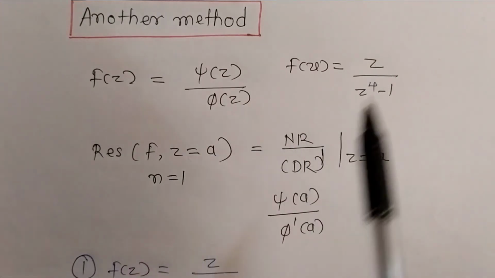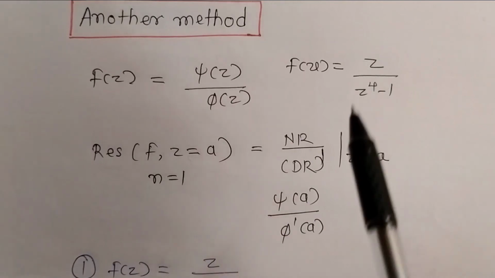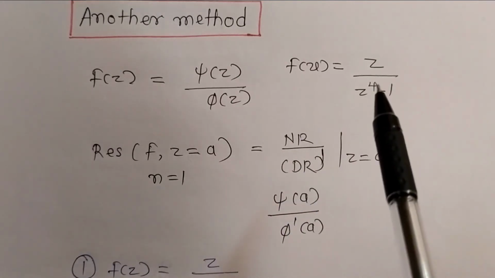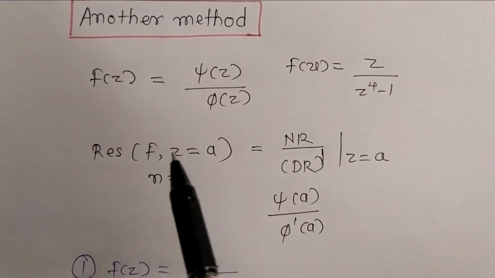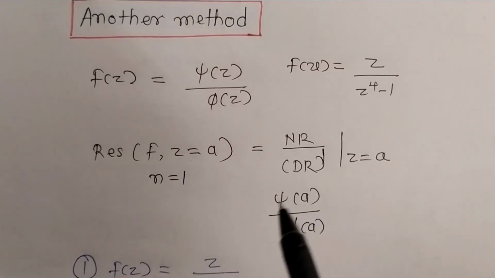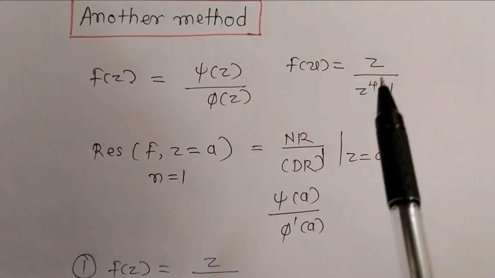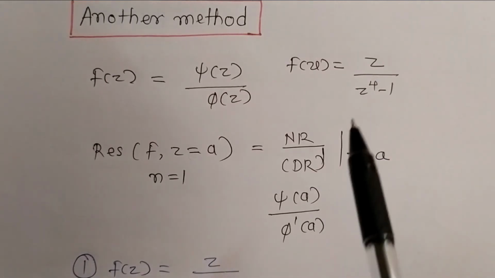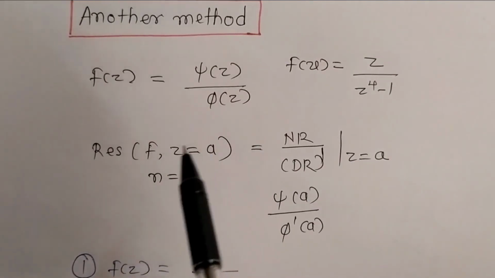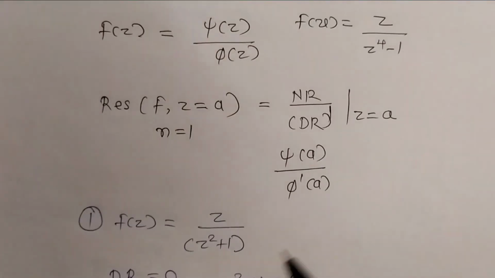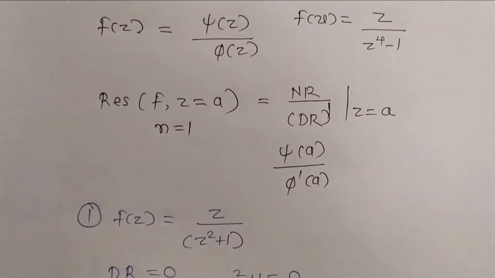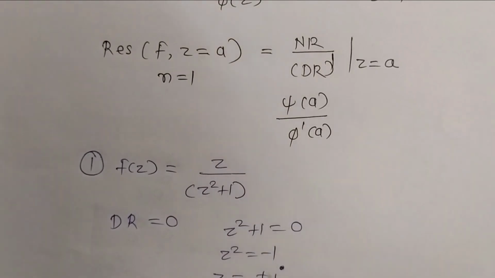We keep the numerator as it is and differentiate the denominator, and put z is equal to a. So psi of a as it is, and phi dash of a is the differentiation of phi. We differentiate the denominator and then put this value of z. By taking examples, we can calculate using these methods.